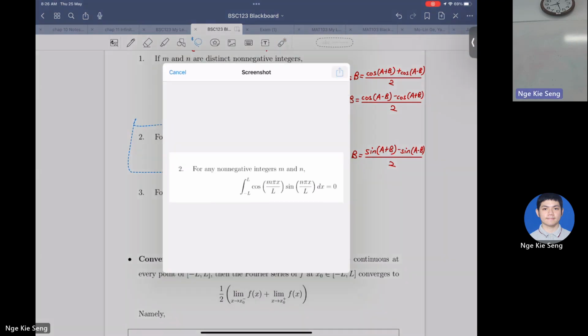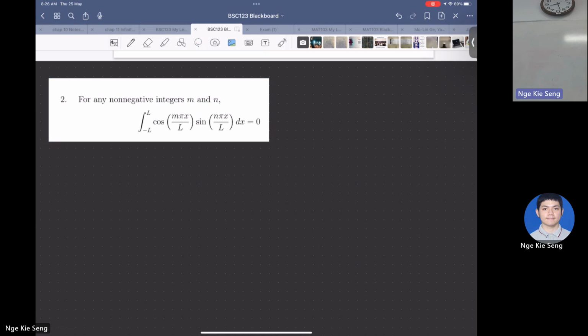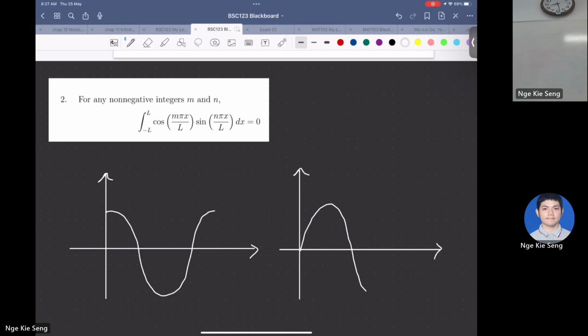Maybe let's examine this statement here. This statement says that for any non-negative integers m and n, these two multiply to 0 when you compute the integral. So let's draw the cosine function.